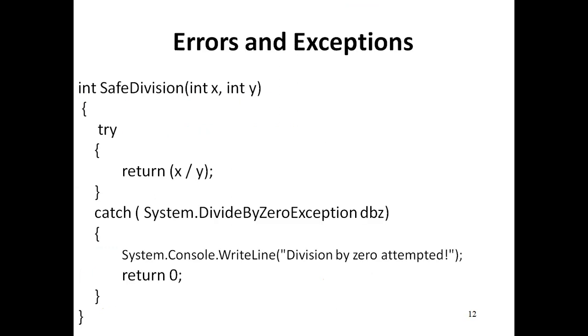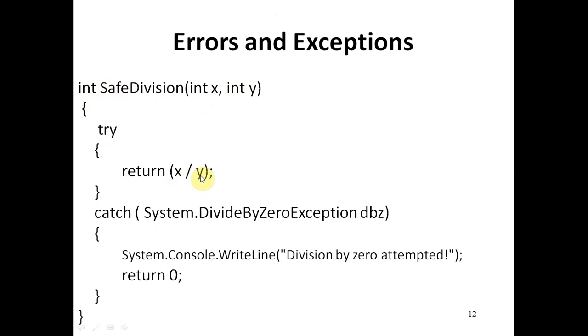And for error handling, exception handling, we can use try and catch blocks as in Java. So this is an integer safe division function where x and y are two arguments, and we are computing x by y.